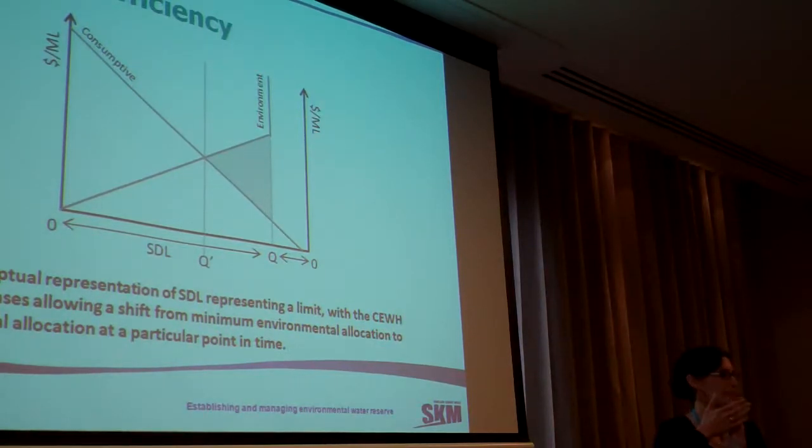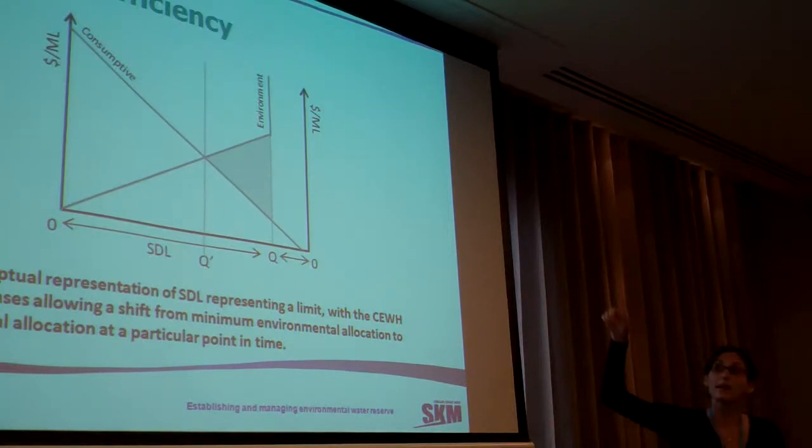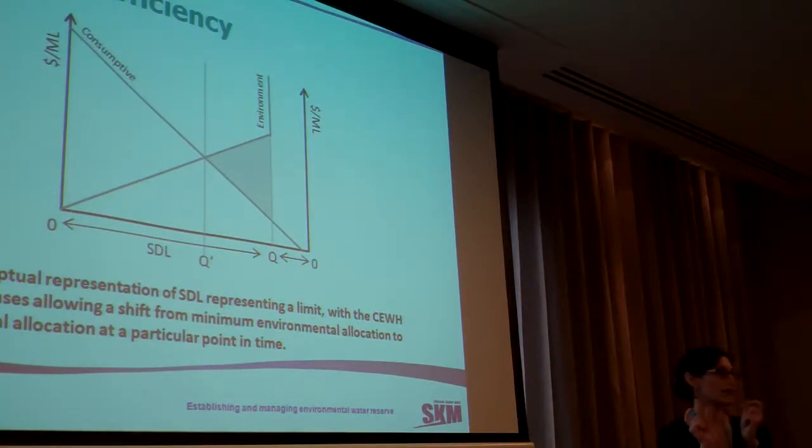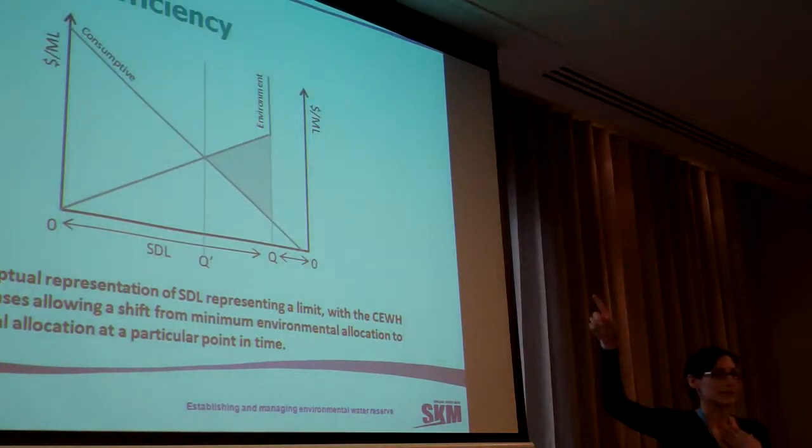We're willing to pay whatever it takes to provide that to the environment. So it's effectively a vertical section of the demand curve. So if you set that as the limit, the buyback then provides a mechanism to be able to adjust as the gradient of the rest of the environmental demand curve shifts. That kind of makes sense.